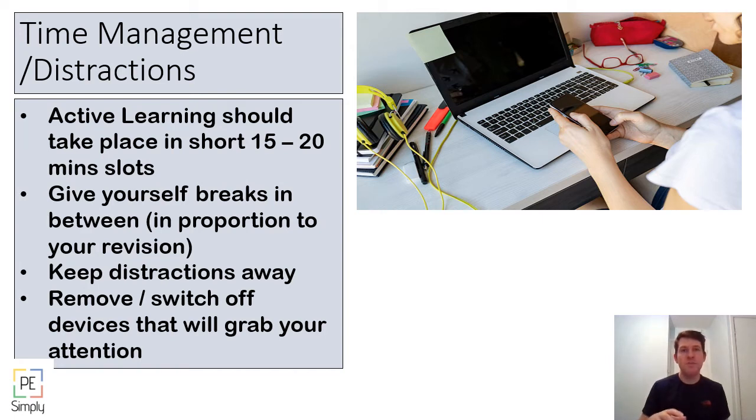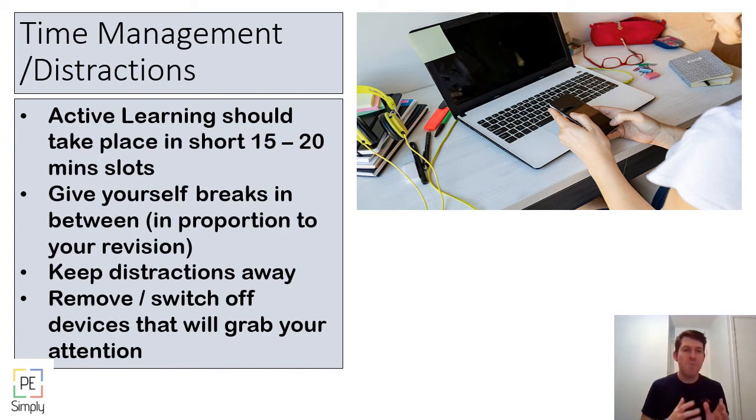You need to chunk that within 15 to 20 minutes per revision slot or session. Make sure you also have regular breaks. That's really important when it comes to revision, and try to keep that in proportion to your revision. So if you're revising for 20 minutes, make sure your break is no longer than 20 minutes.